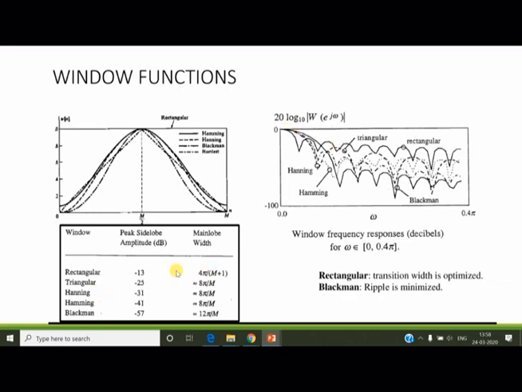For the Hanning window, it is minus 31 dB. For the Hamming window, it is minus 41 dB, and for the Blackman window, it is minus 57 dB. It means the Blackman window will provide maximum attenuation, but in contrast, we have to tolerate the wider main lobe width of the Blackman window.